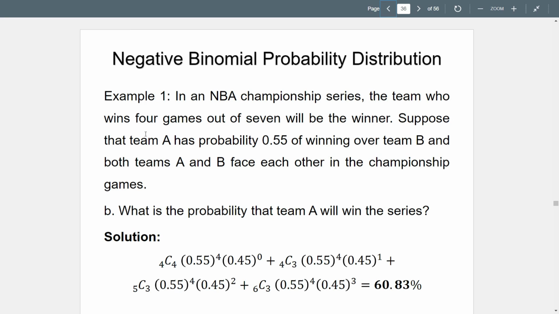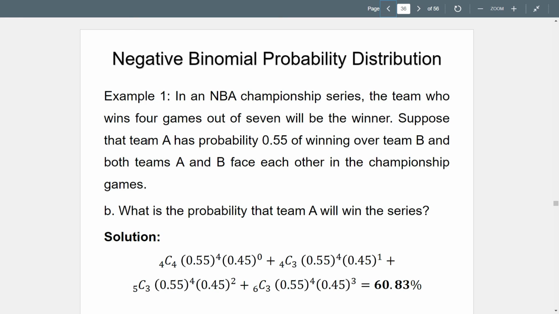Based on the given information in the problem, we will be using the information that team A and team B play a sequence of games until one of the teams has won R number of games.